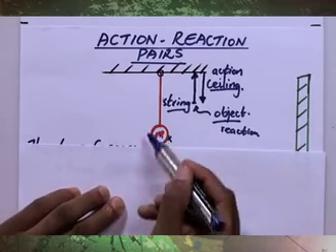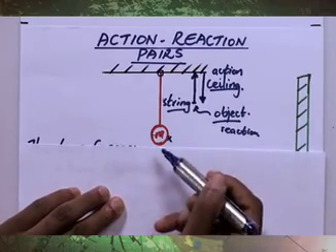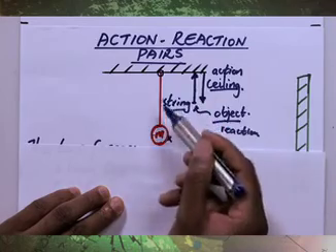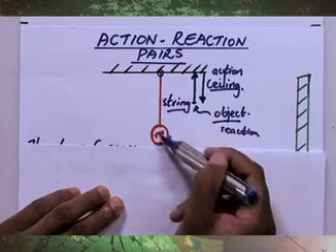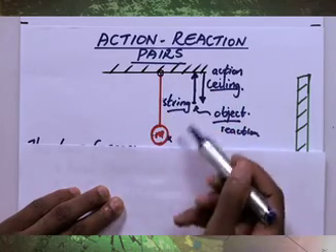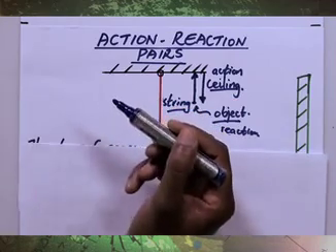One thing to add: this force here is pulling, and it's the same type of force. If this object is pulling on the ceiling downwards, the ceiling is also pulling on the object upwards. So it will be the same type of forces.